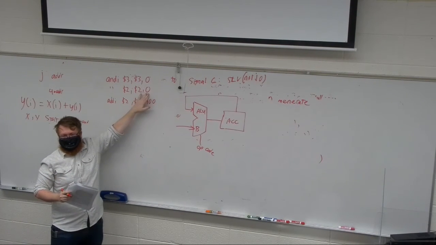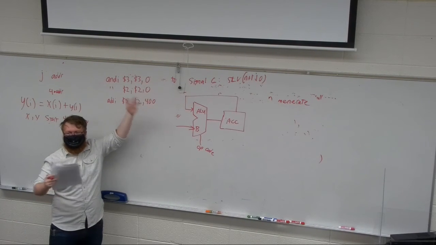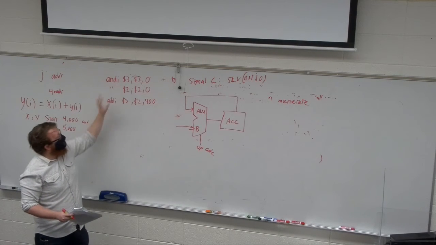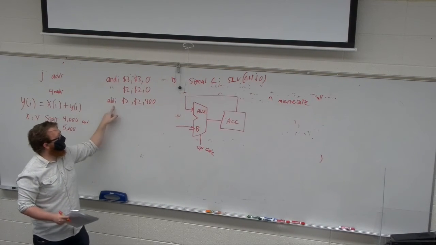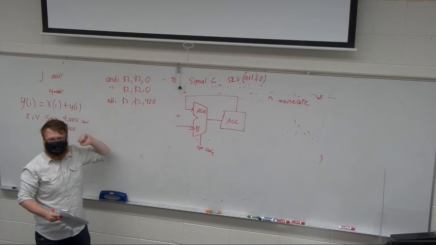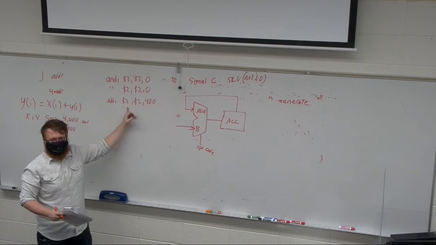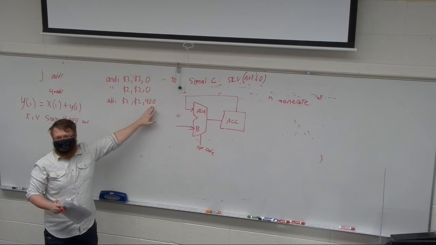What that does for us is just set them to 0, because if we and something with 0, we always get 0. So now we're storing zeros to make sure that they're clear. It is then adding 400, so add immediate 400 into 2. So 0 plus 400 stored in 2 gives us our loop bound.